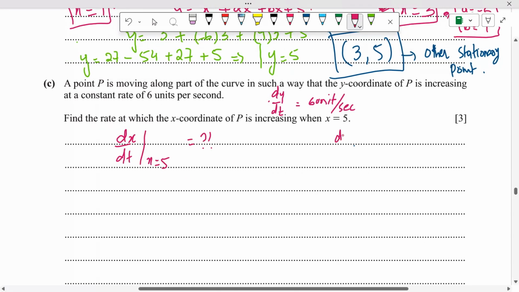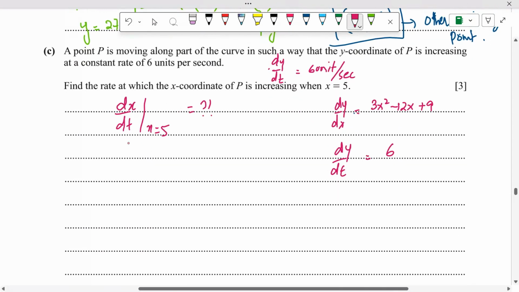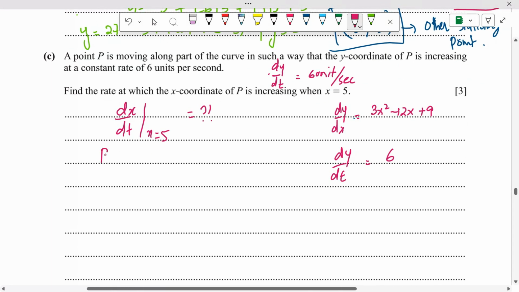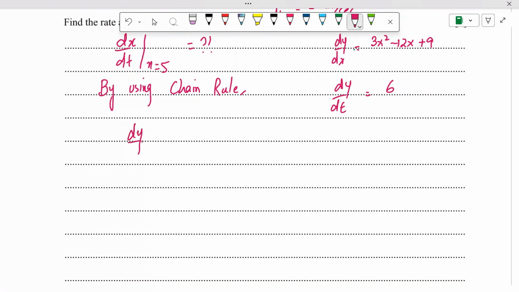We already have dy over dx, which was 3x square minus 12x plus 9. And it is given that dy over dt is 6. So we can use the chain rule to find dx over dt. So by using chain rule, we have dy over dt is equal to dy over dx times dx over dt.